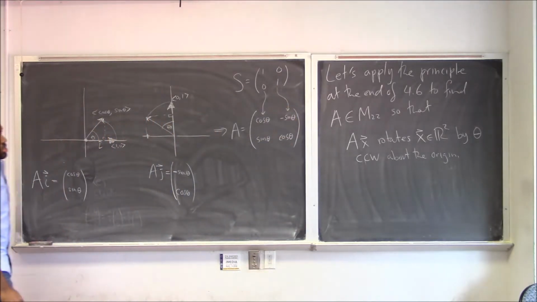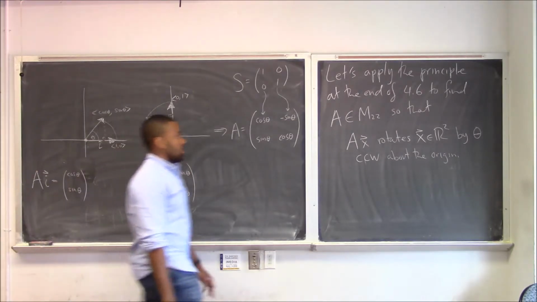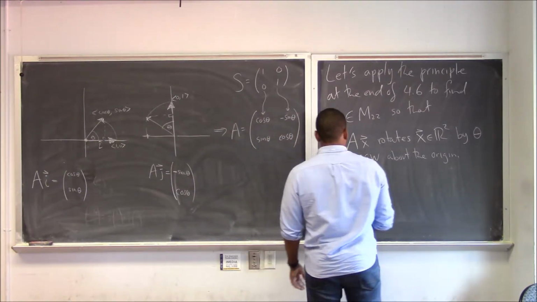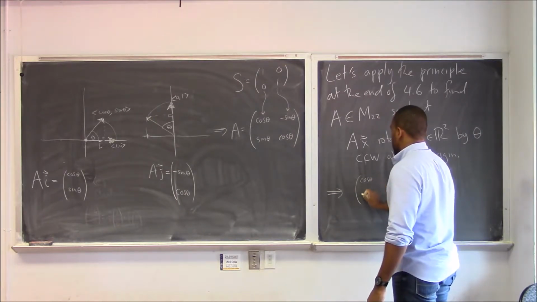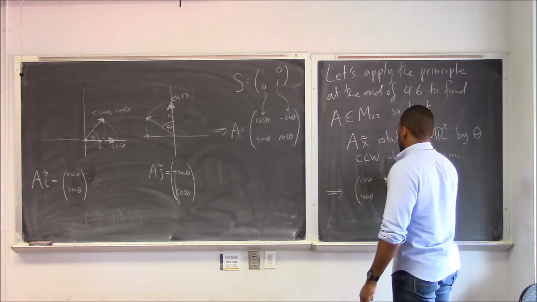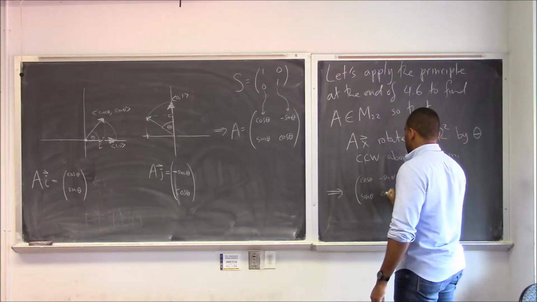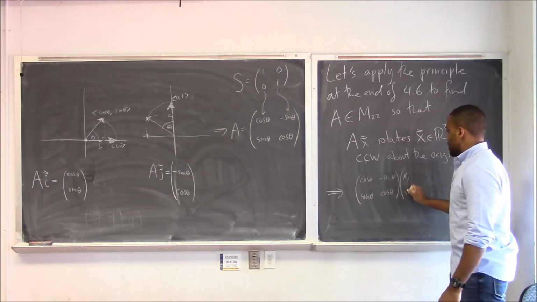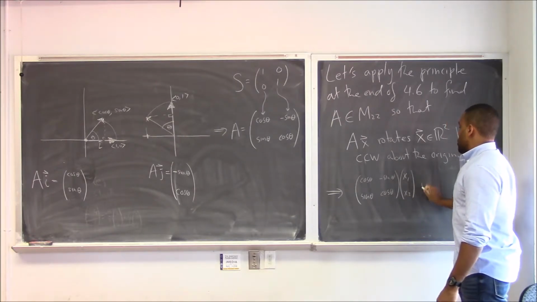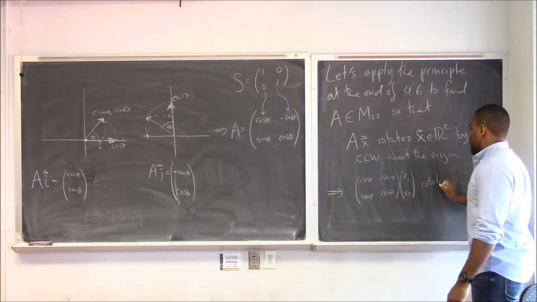Manipulating the basis vectors gives me this matrix that can manipulate any vector. This matrix multiplied by any vector x1, x2 rotates this vector by an angle theta.